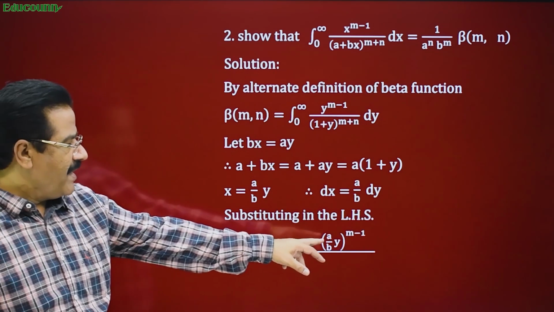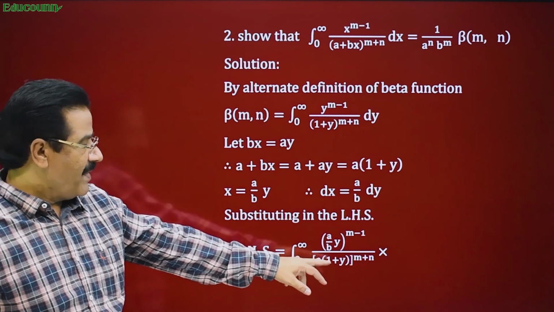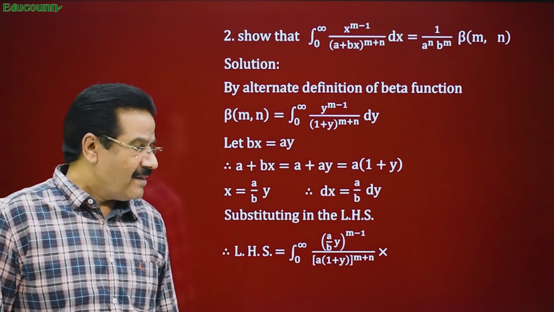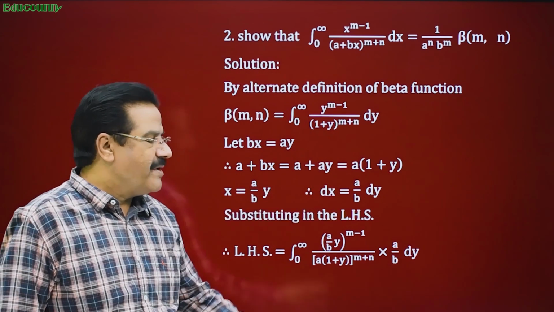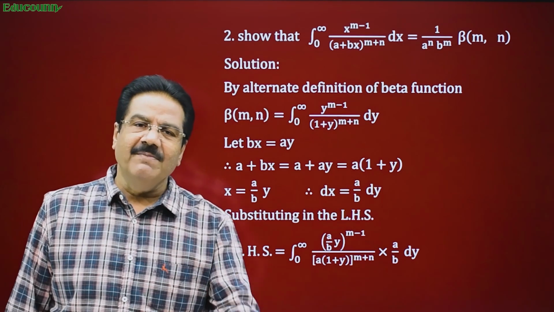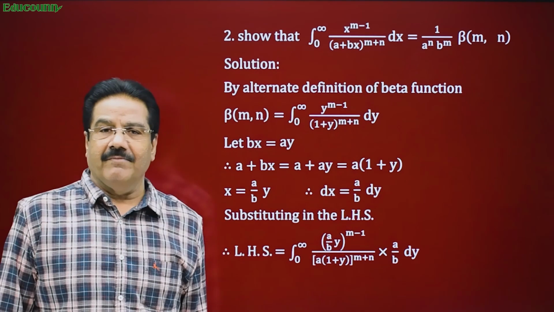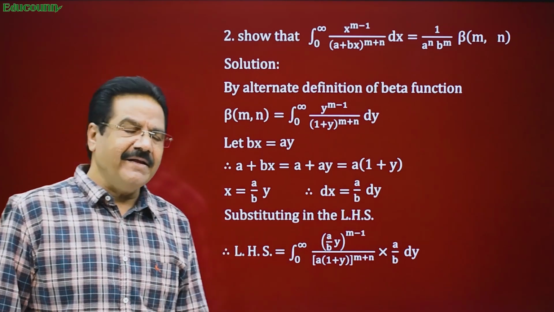So (a upon b y) raised to m minus 1, a into bracket 1 plus y raised to m plus n, multiplied by dx, that is a upon b into dy. Now we have to use laws of indices to simplify this entire term. We are going to take the constant terms outside the integration.